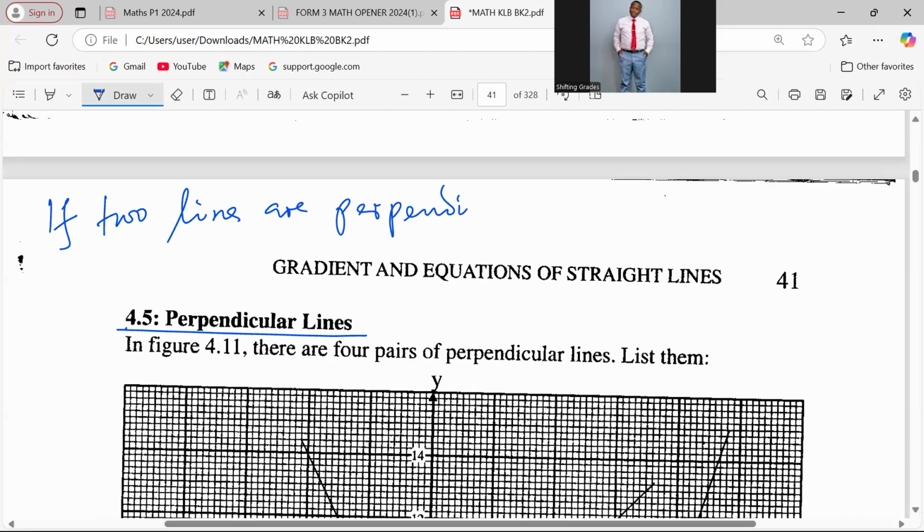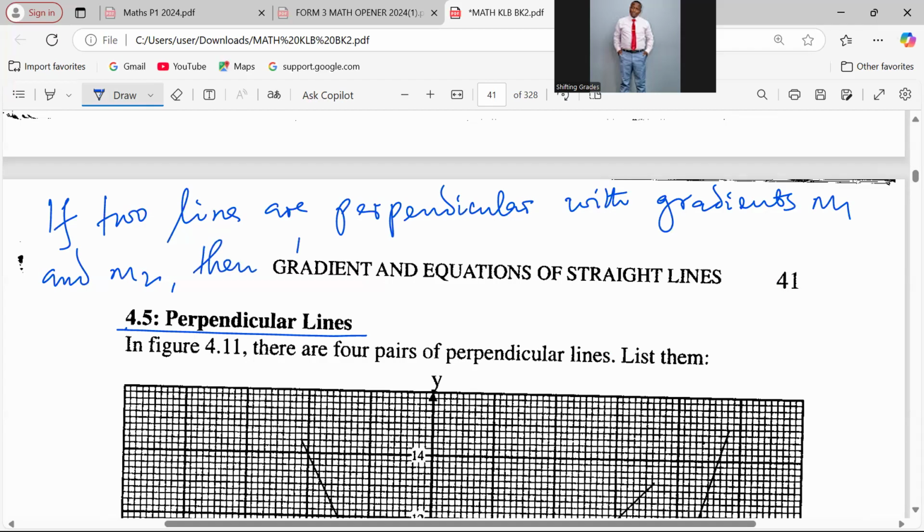If 2 lines are perpendicular with gradients M1 and M2, then M1 multiplied by M2 gives us -1. So the product of the gradients of 2 perpendicular lines is usually -1.